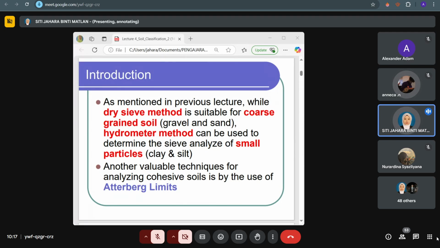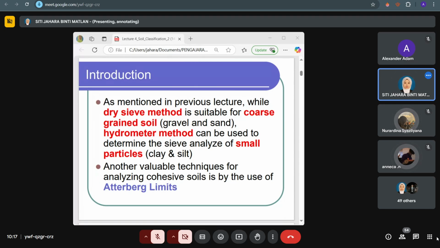If we recap what we discussed in our last lecture, we discussed the particle size analysis. We noted that the dry sieve method, which is the sieve test, is best suited for coarse grain soil such as gravel and sand. This method allows us to separate particles based on size using a stack of sieves, which I mentioned last week.